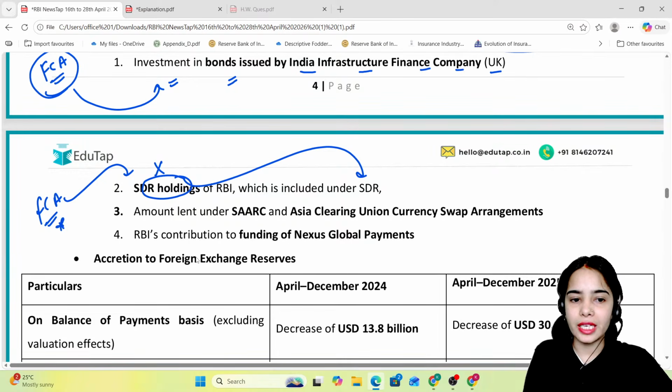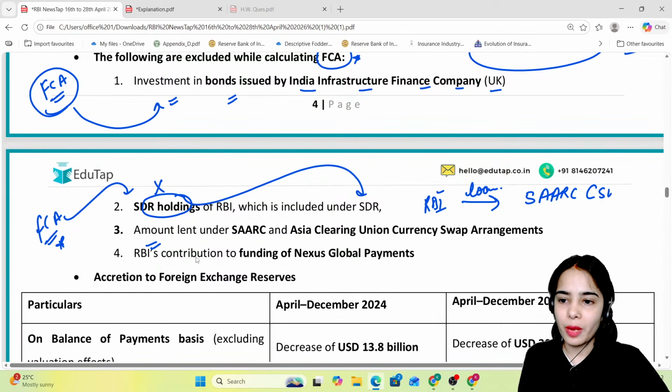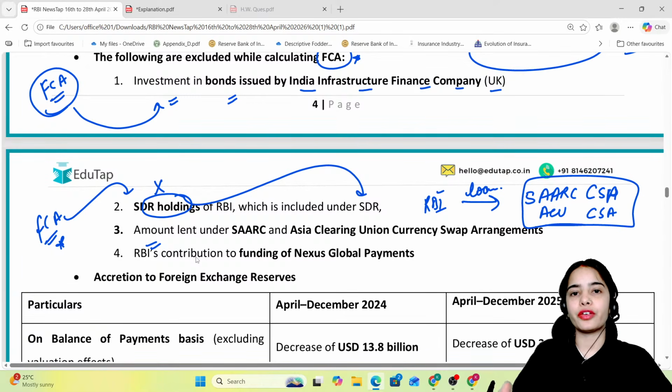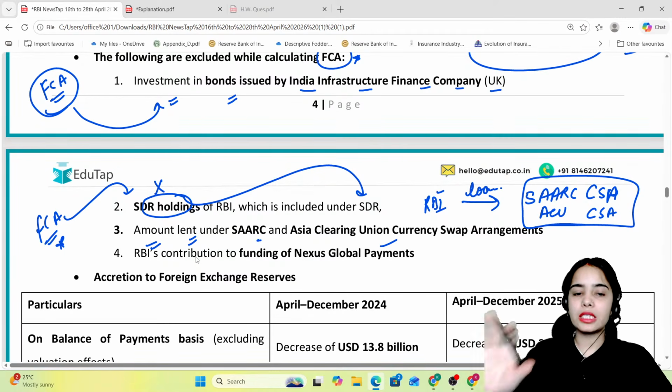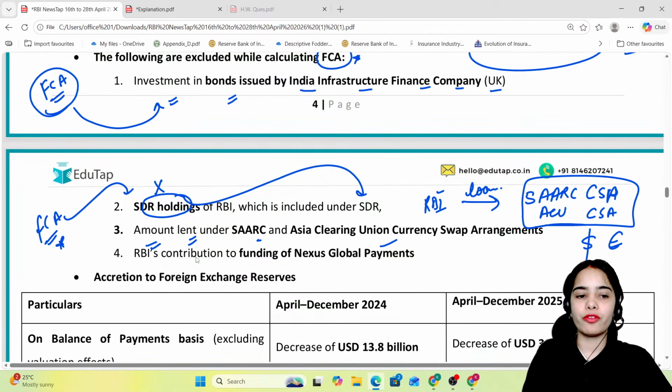When we are calculating the FCA, the amount lent, if the RBI has given a loan under the SAARC currency swap arrangement or under the ACU currency swap arrangement, so if loans have been given by the RBI under the different arrangements, in dollars or in euro, these loans have to be excluded from the foreign currency asset.